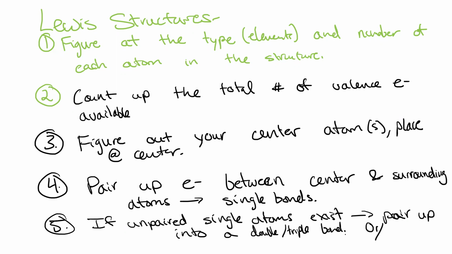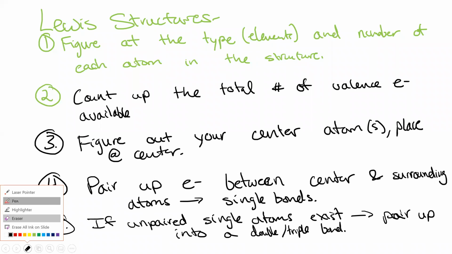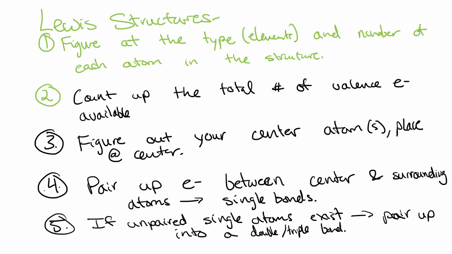So we start by forming our double and triple bonds that way. Single unpaired electrons break them down.